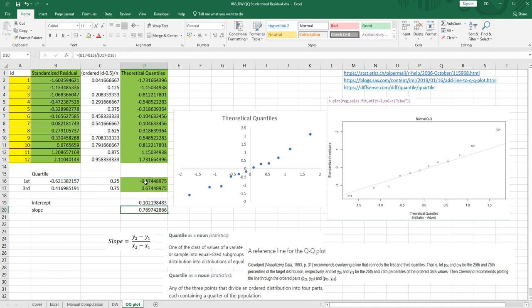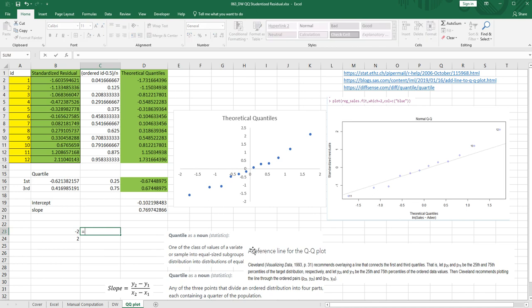Alright, and then as you can see, the scale is from minus 2 to 2. So let's think about minus 2 and 2. Okay, and to find a y value, we need to use intercept plus slope multiplied by minus 2.